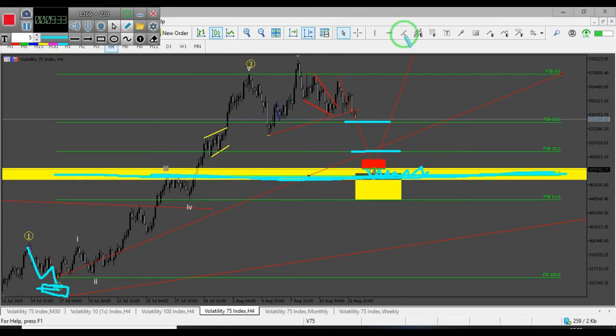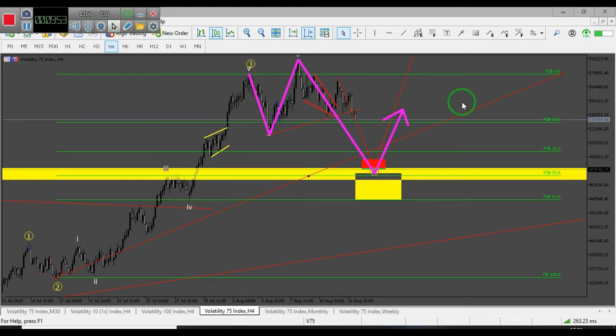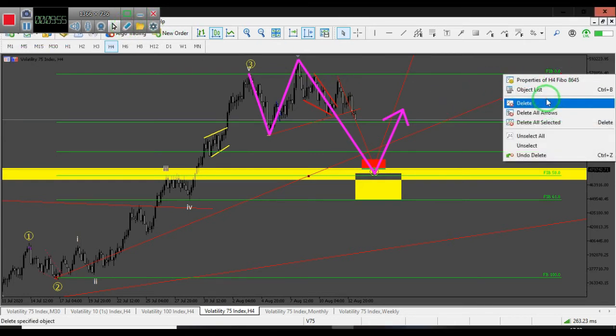So what we should expect, the worst case scenario, is an A, B, and a C not breaking the 50% level.